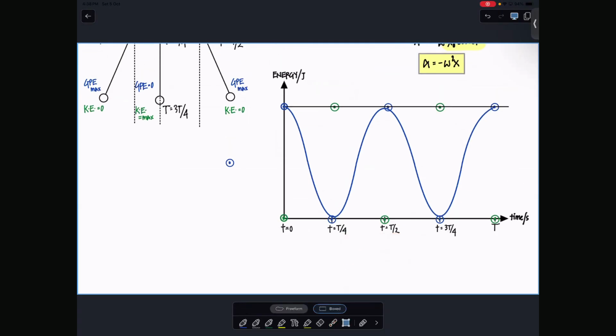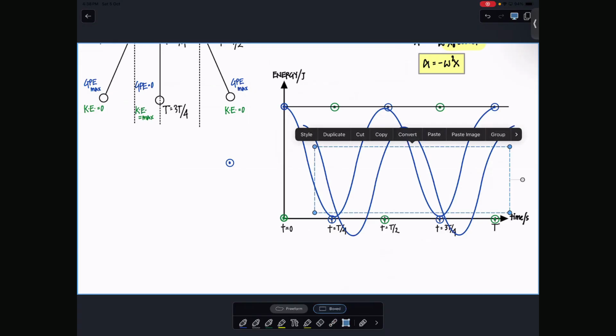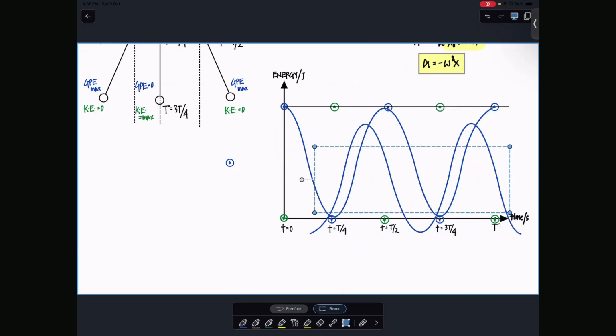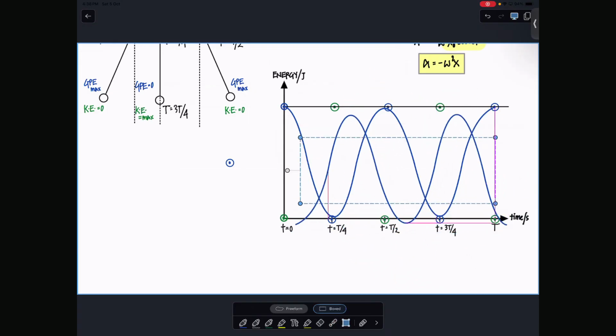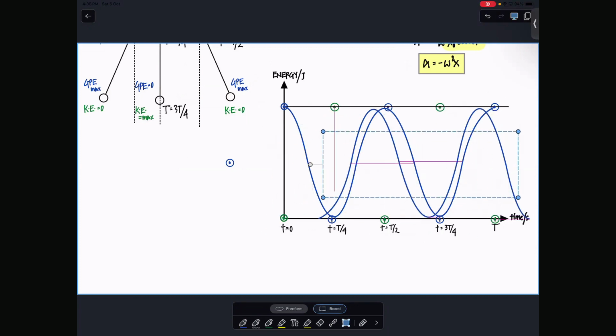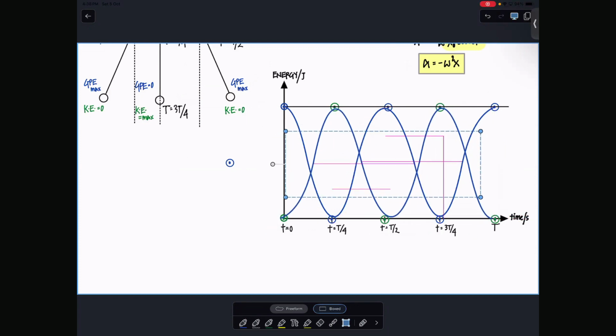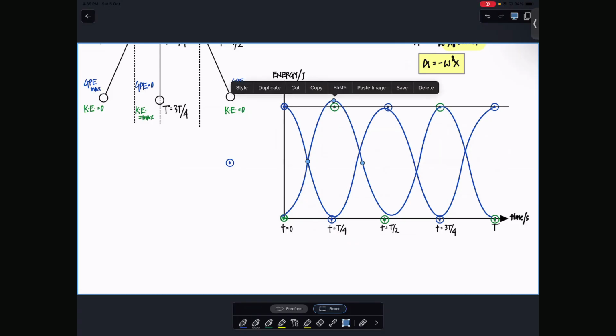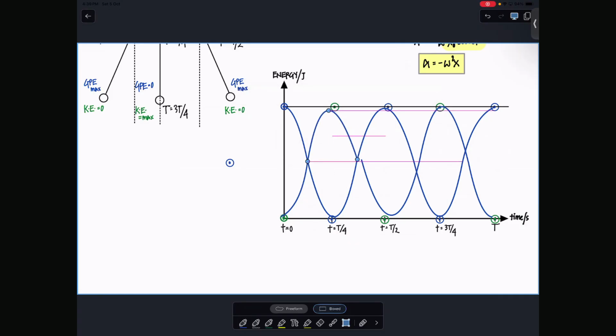Now, how would the graph look for K? Sorry, the one I drew is GP. What's K going to be? Just the mirror opposite of it. Every time my value here is upwards, this is going to be downwards. Why is that so? Because as the GP decreases, the K increases.